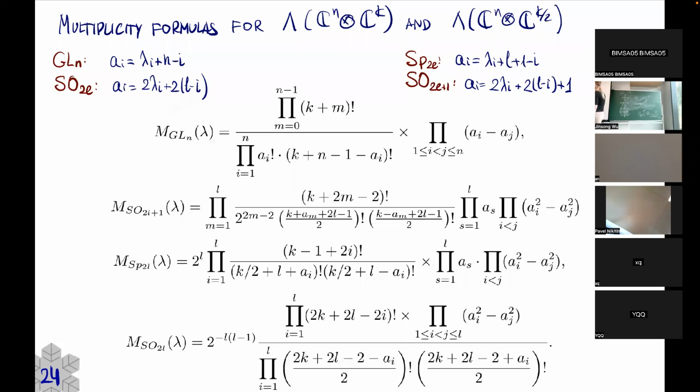It's interesting that here we have a kind of determinant formula. This is not a coincidence; later I'll say a couple of words about this. We also have such a formula for the multiplicity for Sp(2l) modules, which also has this part with factorials, and then for SO(2m).